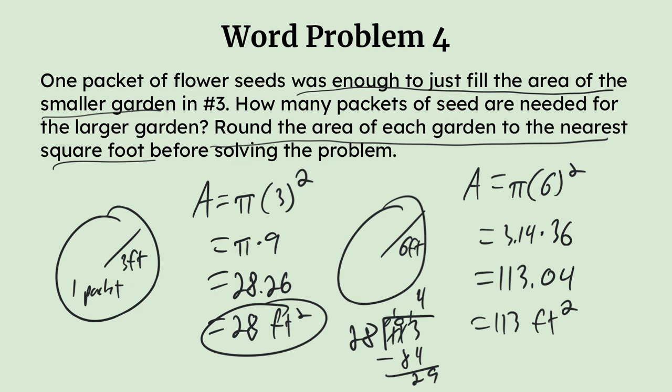So one packet covers 28 square feet, right? If we divide 113 by 28, we found out that was 4. So 4 times 28 is 112.